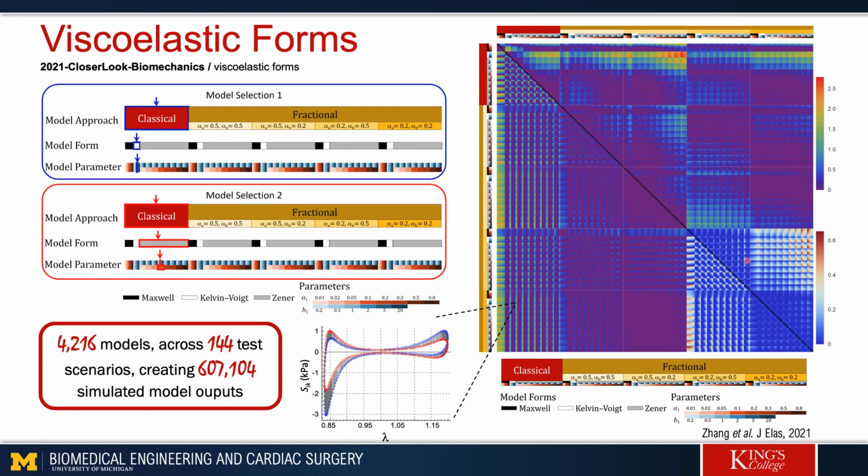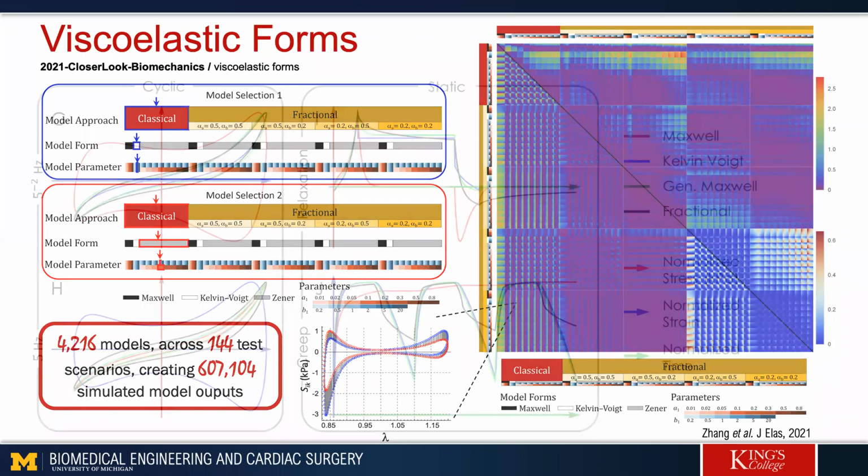The black on the diagonal is 0 because the model compared to itself has 0 difference. This was interesting because it gave us a way of doing en masse some interrogation of how these model behaviors tended to behave when you looked not just at one type of data, but at a range of different data.